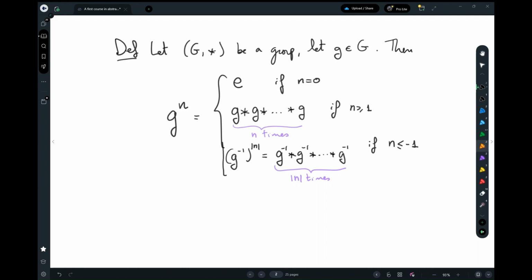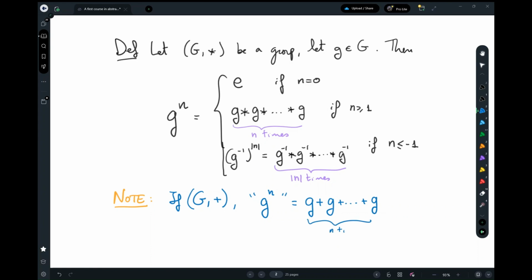And by the way, note that if the notation is additive, so if we are talking about what we call an additive group, then g to the n is really g plus g, with the operation being addition this time, n times.